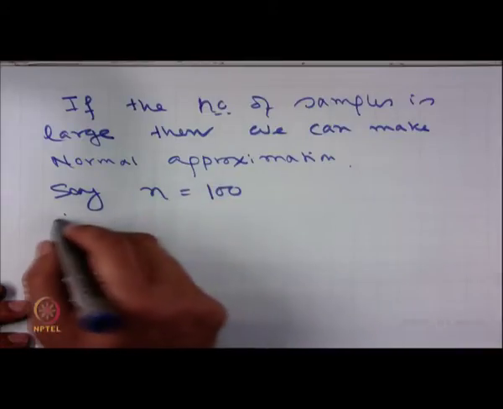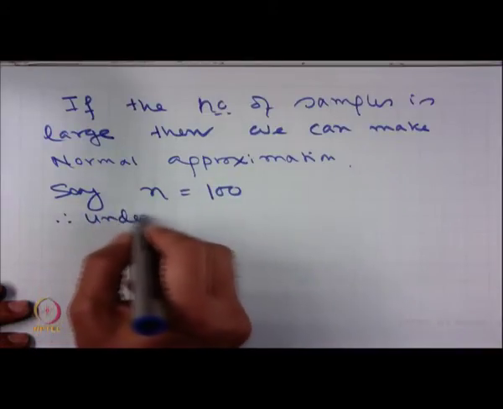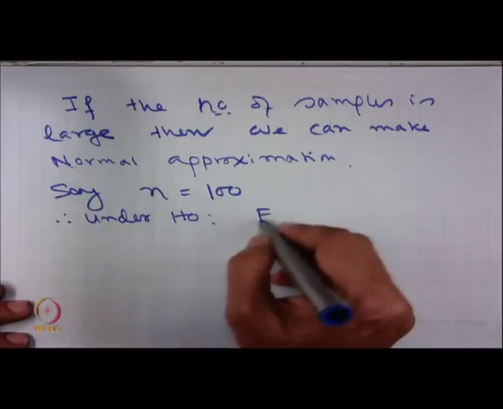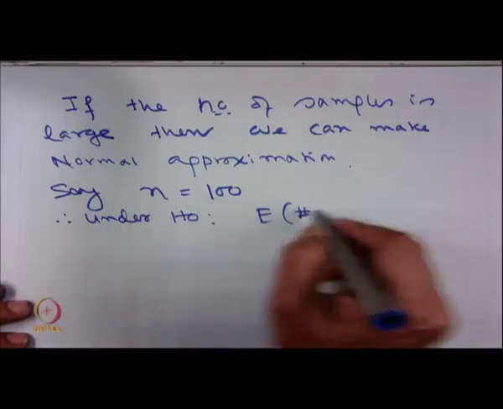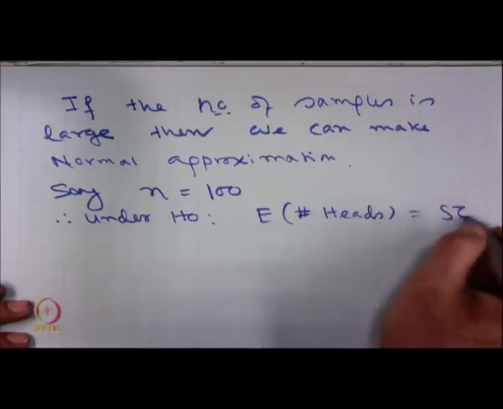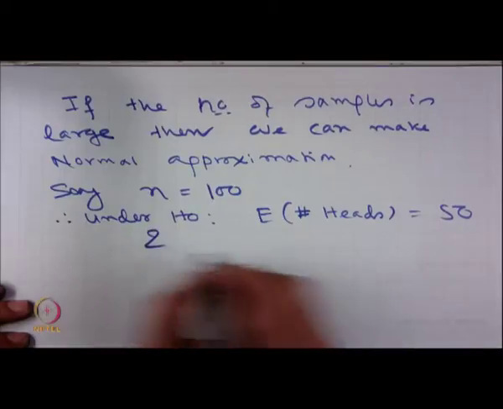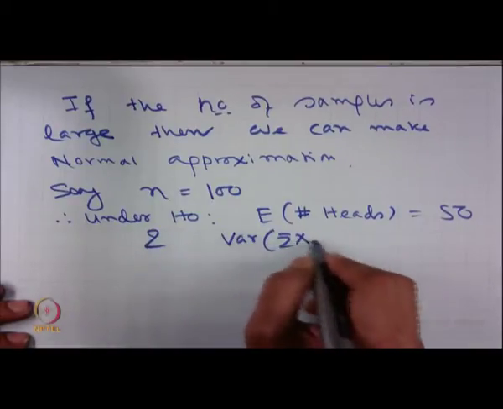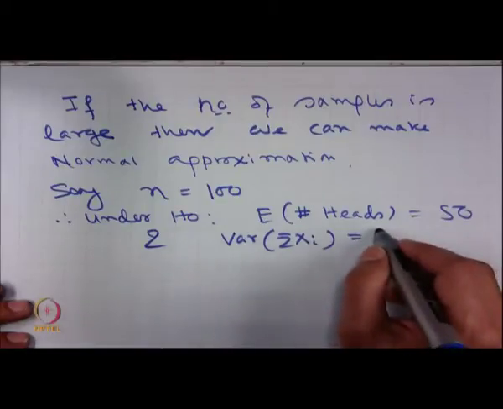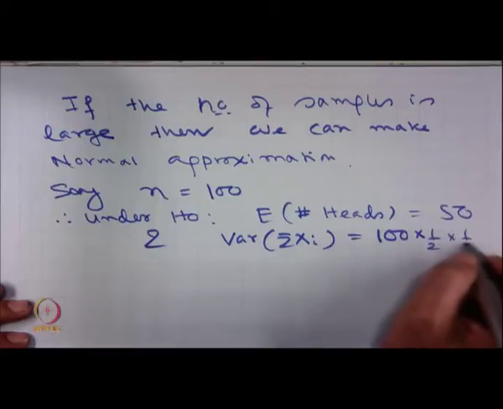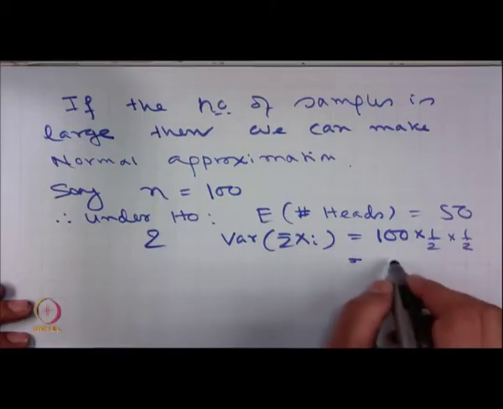Therefore, under H naught, the expected number of heads is equal to 50 and the variance of sigma xi is equal to 100 into 1/2 into 1/2, which is 25.